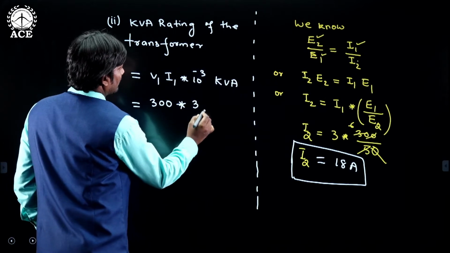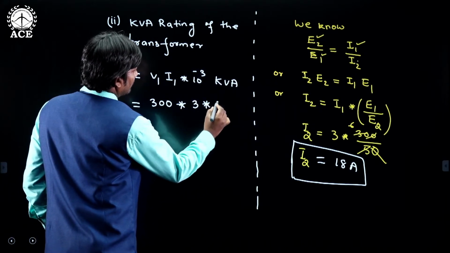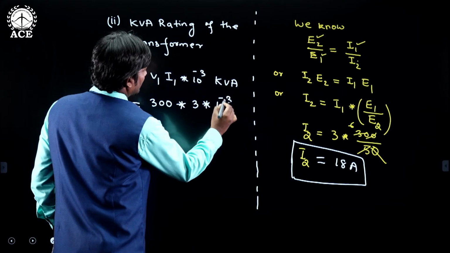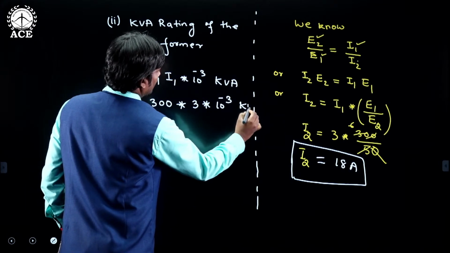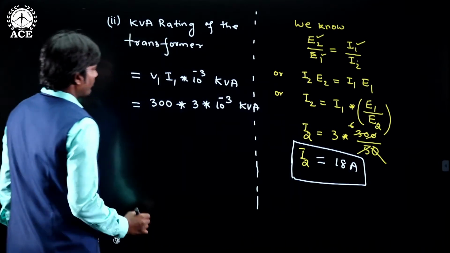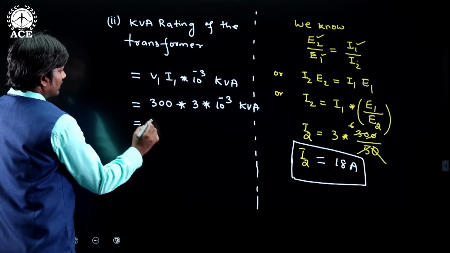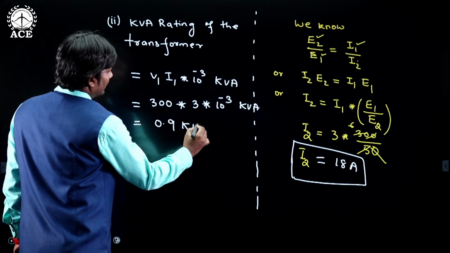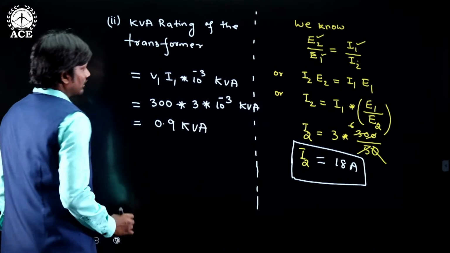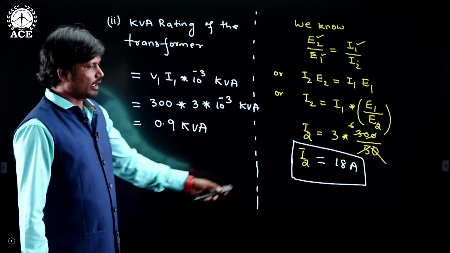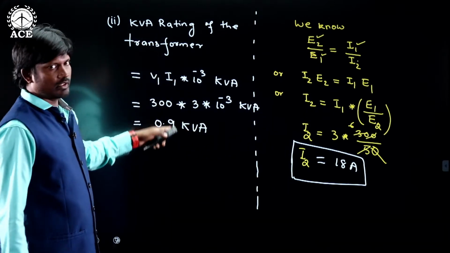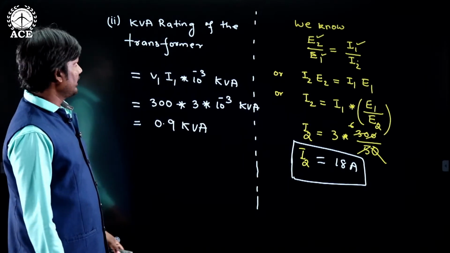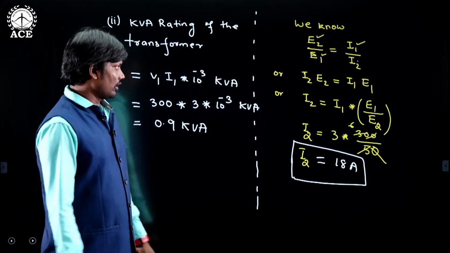This is 300 into 3 into 10 to the power minus 3 kVA. Okay. Now this will come 0.9 kVA. Now this is I2 18 amps and the kVA rating of a transformer is 0.9 kVA. Note down this one.